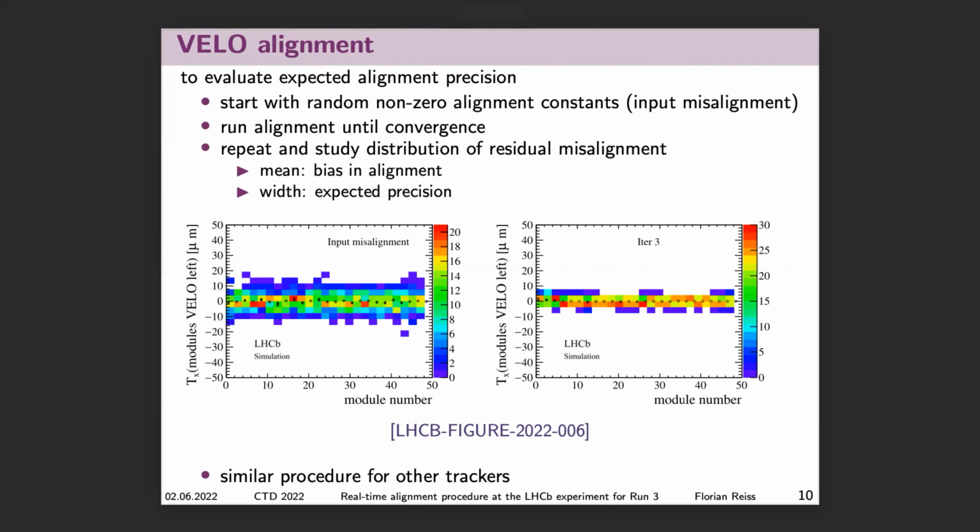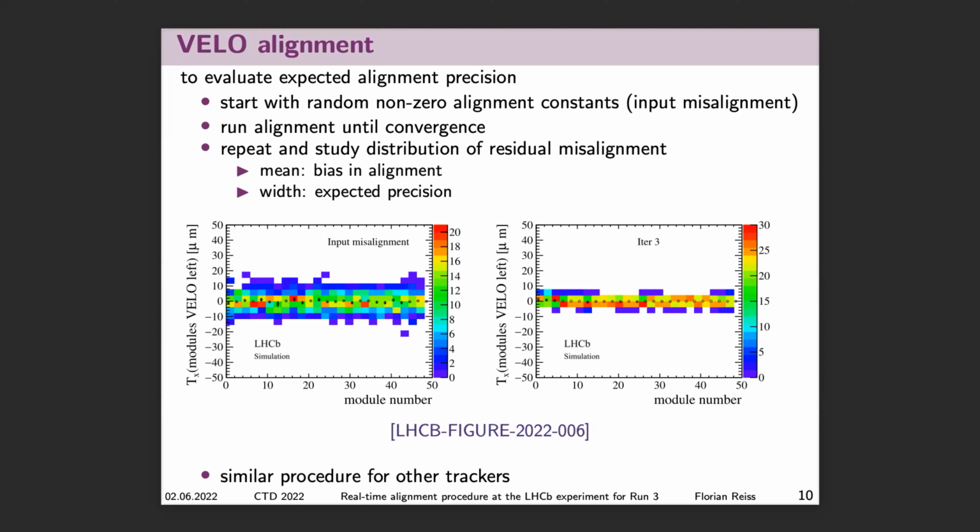Another thing we can do to evaluate the expected precision of the procedure is to use simulated samples, some kind of toy studies, where we start with a random non-zero alignment, the input misalignment, which reflects the initial misalignment we expect at the beginning of Run 3.